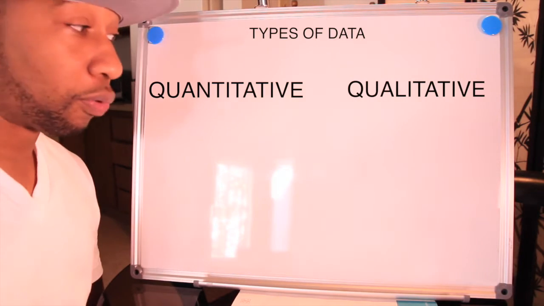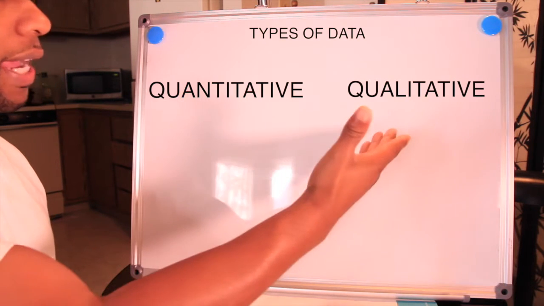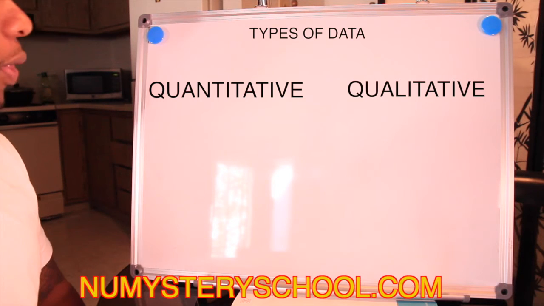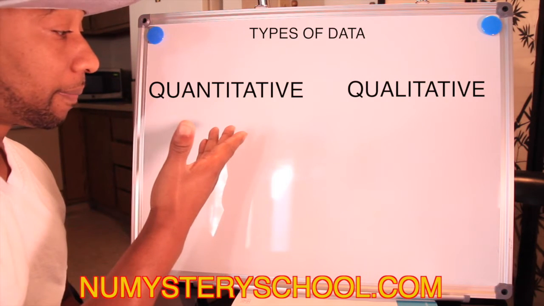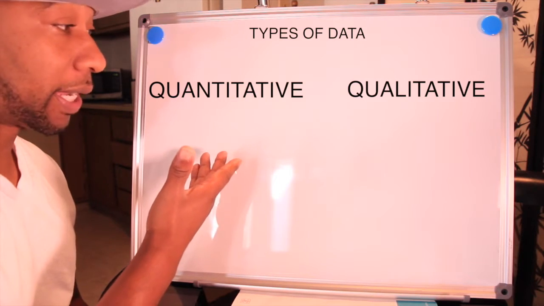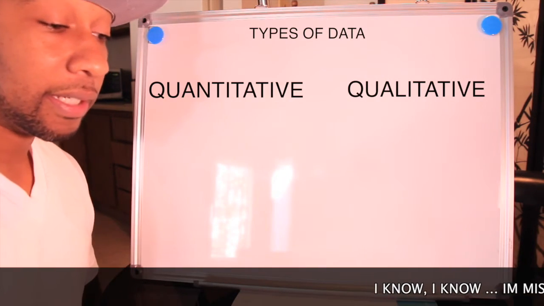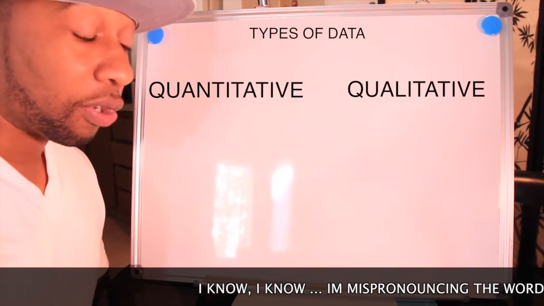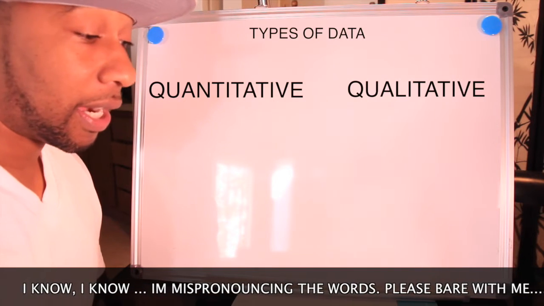So there's two different groups: quantitative and qualitative. Okay. So when you have a quantitative method of gathering or dividing or categorizing data. Quantitative data are things that are very tangible and they can be calculated.